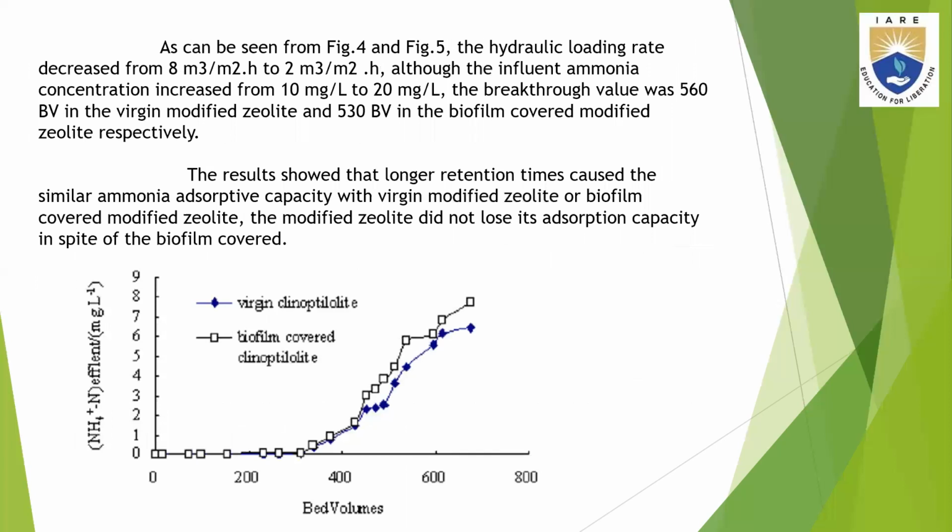As can be seen from Figure 4 and Figure 5, although the hydraulic loading rate decreased from 8 to 2 m3 per m2 h and the influent ammonia concentration increased from 10 mg per liter to 20 mg per liter, the breakthrough value was 560 BV in the virgin modified zeolite and 530 BV in biofilm covered modified zeolite respectively.